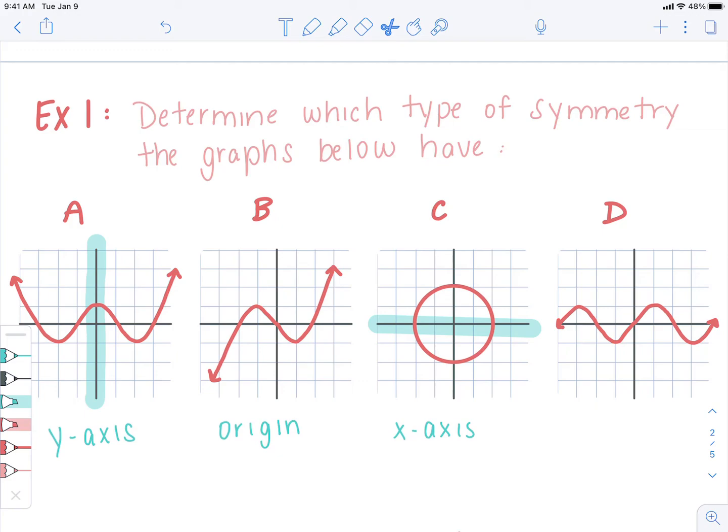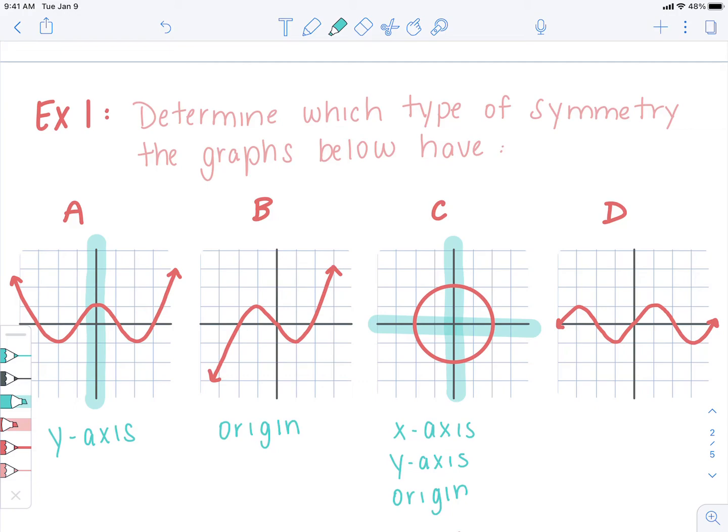So in this situation, now I have the x-axis, I also have the y-axis and the origin if I kept it in the middle, because it's symmetric over all of those. So you could have more than one. Most of the time, though, if we're talking about your actual functions, you're only going to have one type of symmetry.